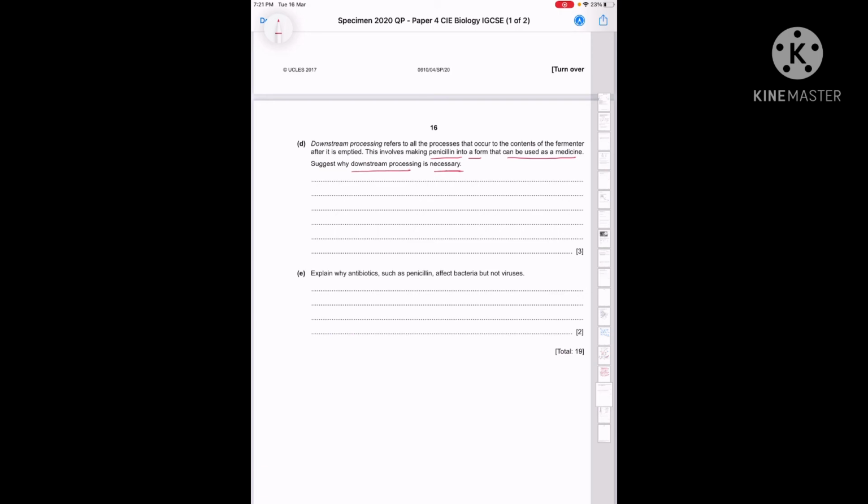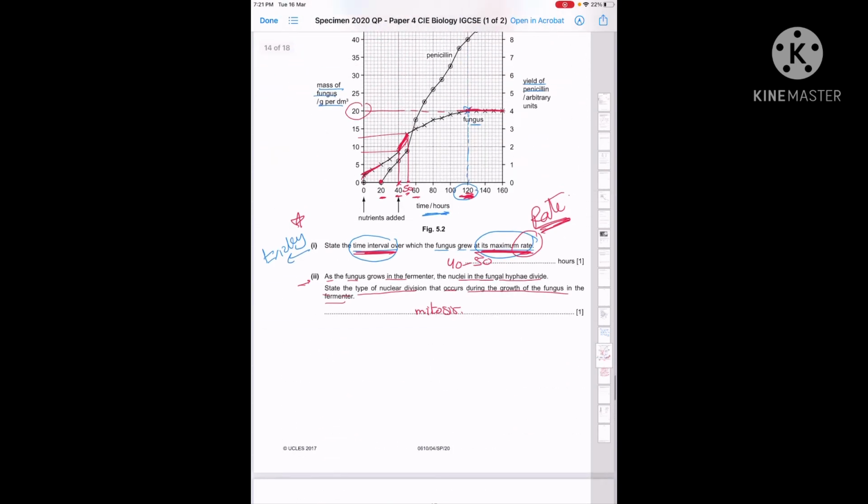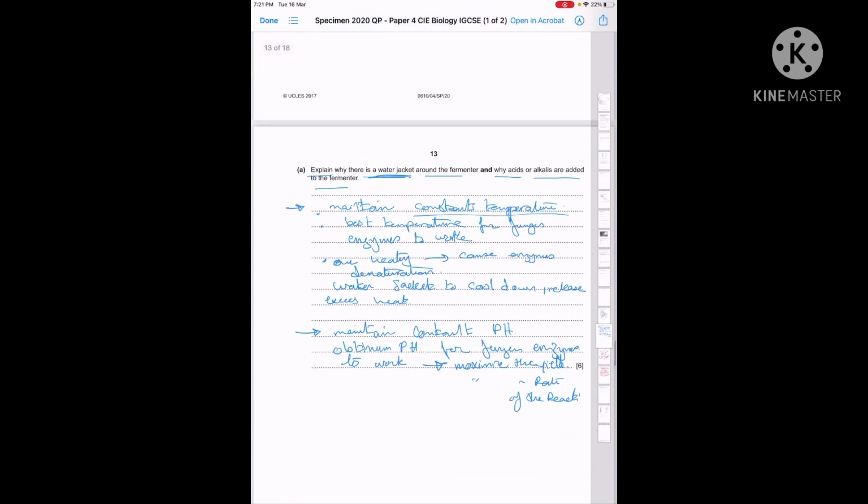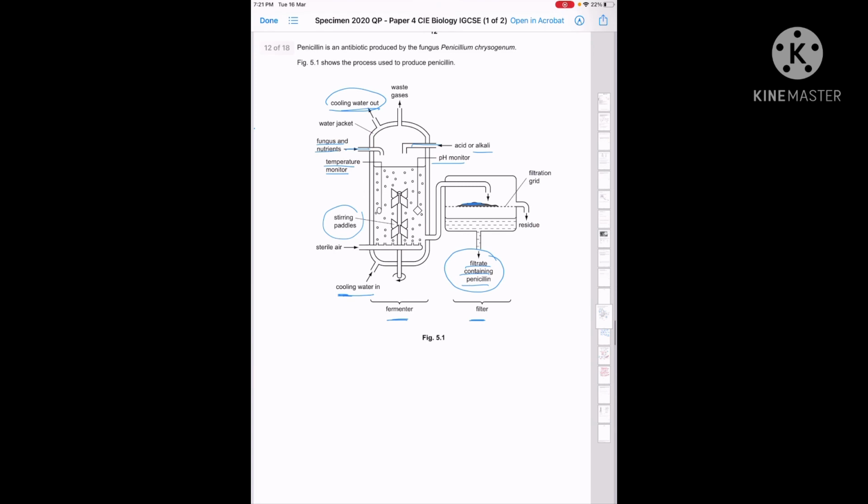Now this process, which is the one that is shown here in the diagram, if you look here, this is where you are filtering the residue out and then taking the filter that is containing penicillin and then start to treat it, okay?